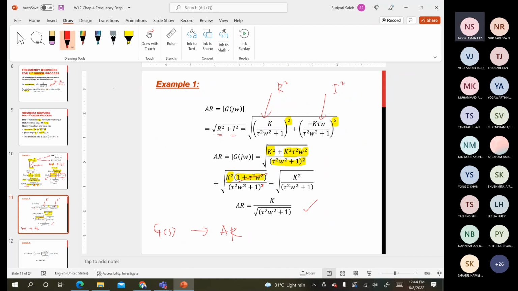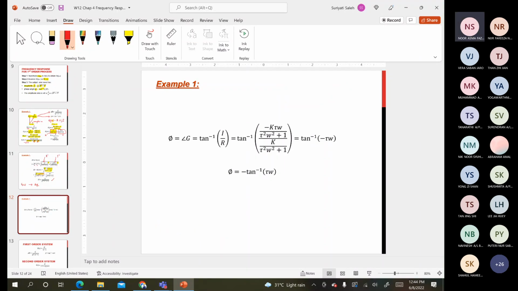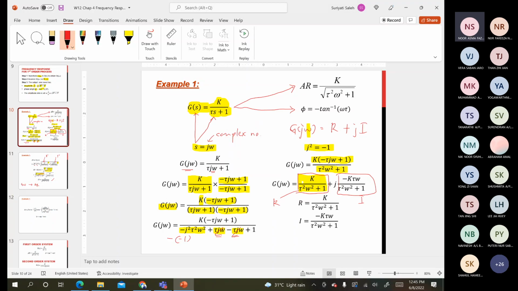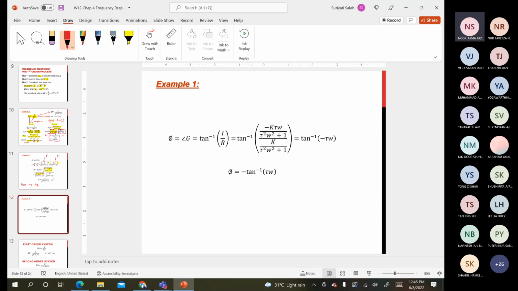Then we go next. After completing the amplitude ratio, the phase angle is the same thing. The expression is angle equal to angle of G, and the equation that we are going to use is inverse tangent of I over R. We already have our I and R, so we just include them in the equation for the inverse tangent.